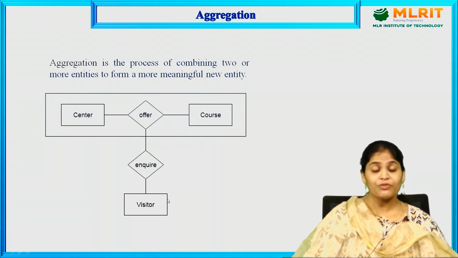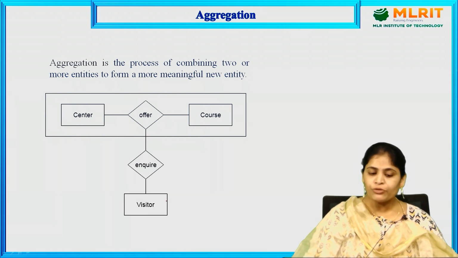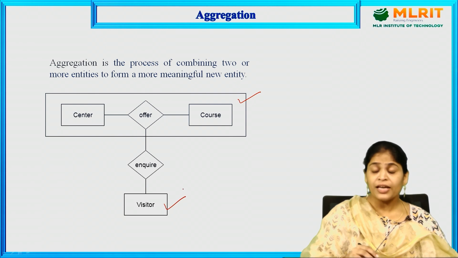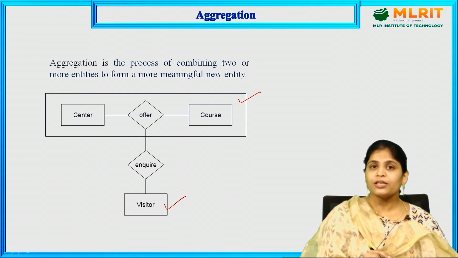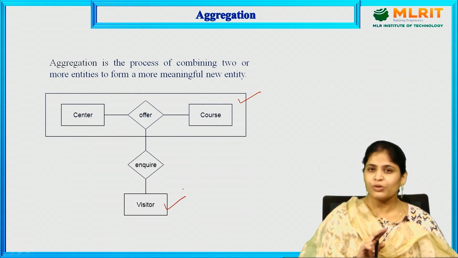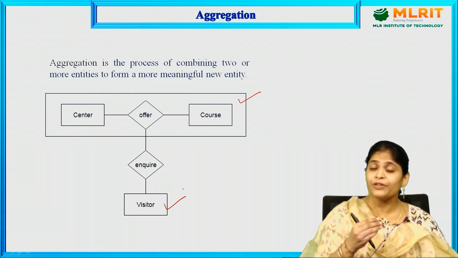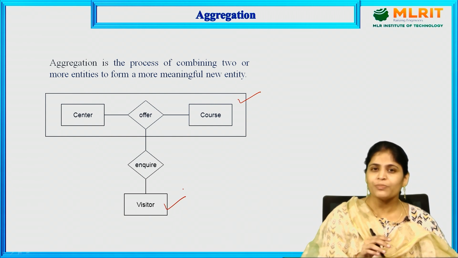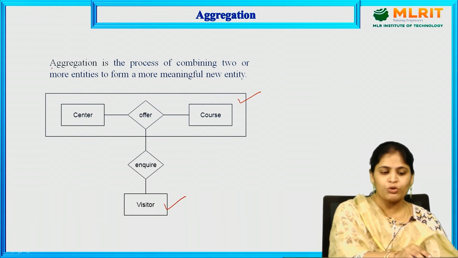So, aggregation is the process of combining 2 or more entities to form a more meaningful new entity. As I said, visitor enquires about the center which offers course. Here we can consider this one is one entity and this is another entity. And one more thing, if at all we used to combine 2 relationships, we used to relate 2 relationships, then that is only possible through aggregation.